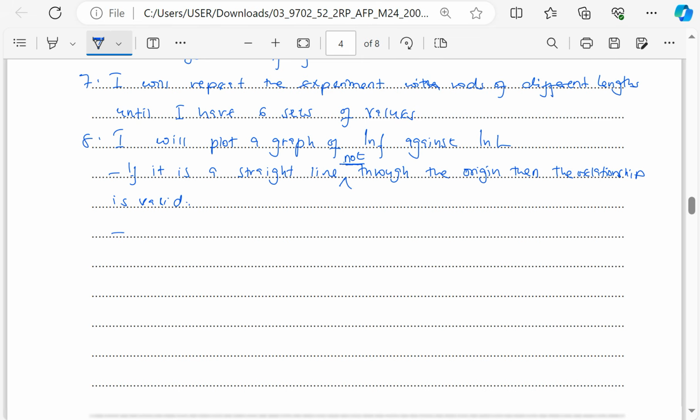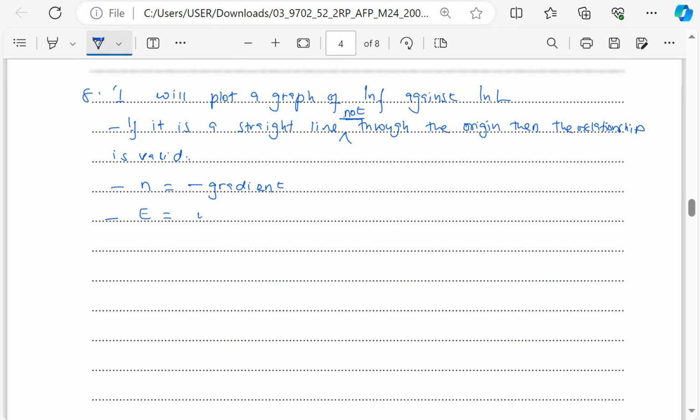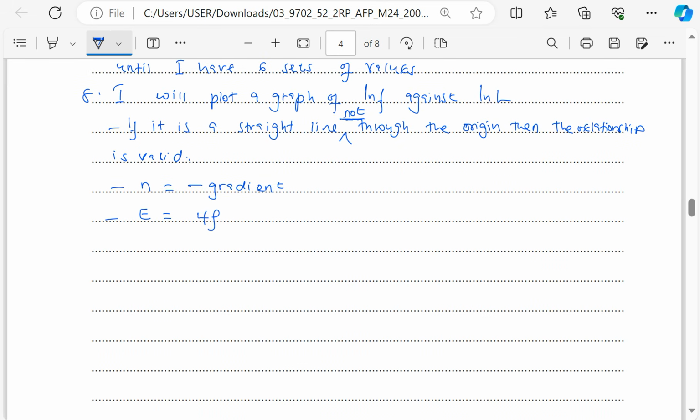Then we have already seen what the gradient is equal to. So because they told us how to find n, we shall just say n is equal to the negative of the gradient. Then we have also just mentioned that E was equal to, I think, 4 times rho times E power 2 times the y-intercept. That is how we shall find E.